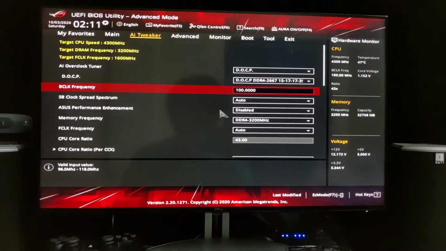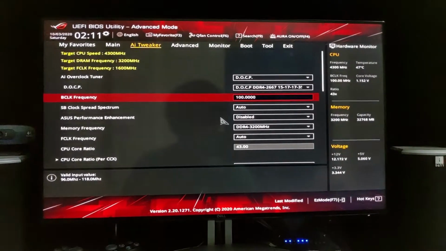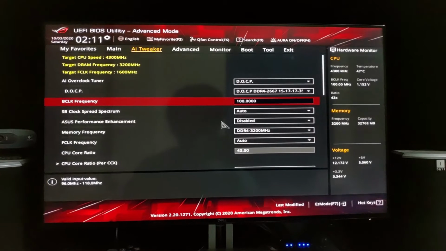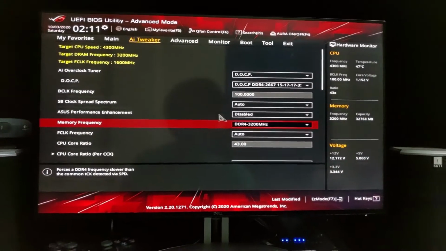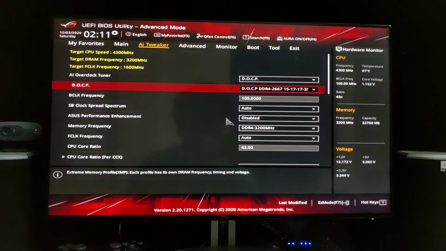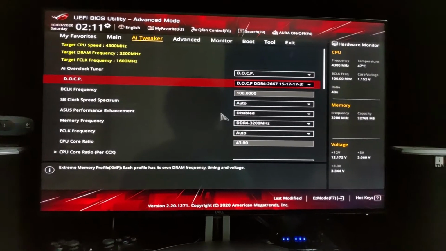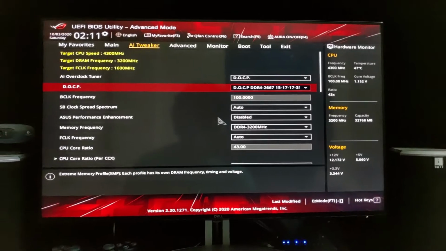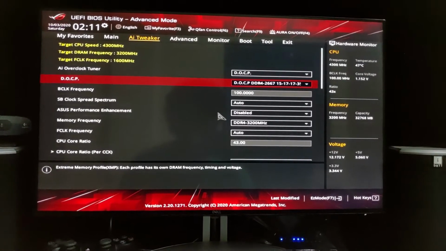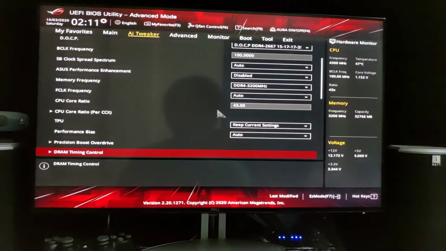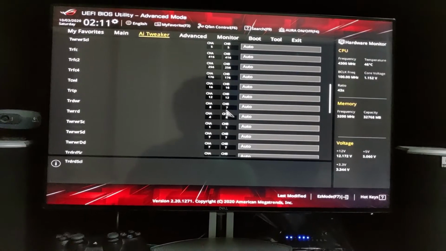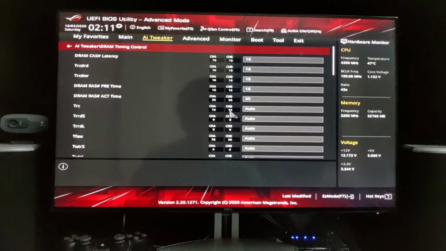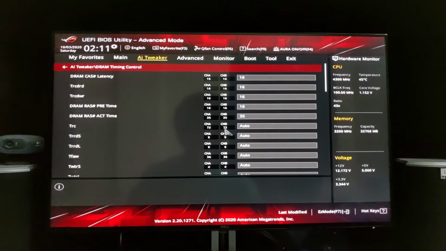Since Ryzen CPUs, especially the third gen, are known to perform better with higher frequency RAMs, I managed to overclock all the way from 2666 megahertz up to 3200 megahertz, and you can see the timings are 15, 17, 17, 35. But I have managed to keep very decent timings, even compared to some new DDR4 RAM kits.